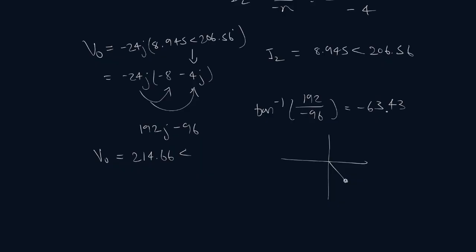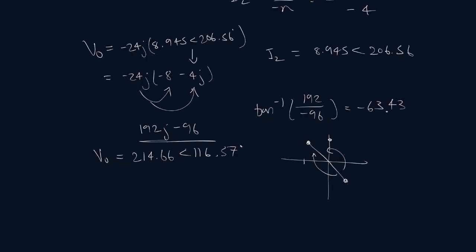That lies down here, but this value, 192J, that's up here, then minus 96, that's over here, so it's going to be somewhere in this direction. That means we have to add or subtract 180. So let's add 180. And we get 116.57 degrees. So that's the value we're using.